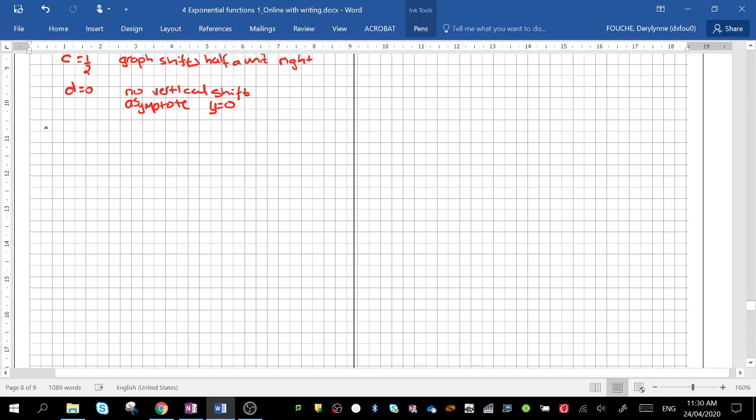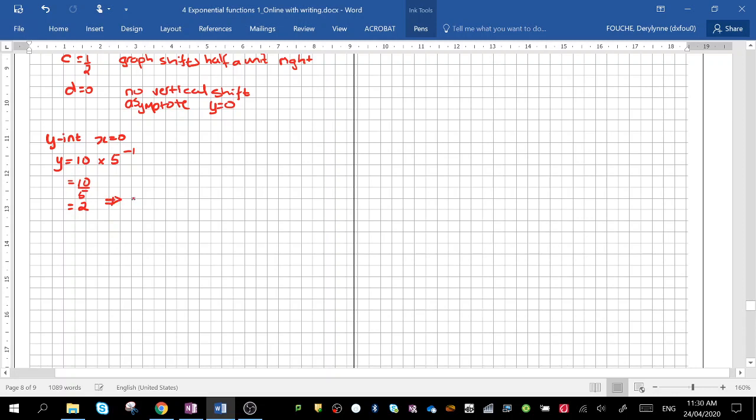So let's start with our y-intercept. And that happens when x equals 0. So that means that we have y equals 10 times 5 to the negative 1. And that means it's equal to 10 over 5, which is a nice value of 2.